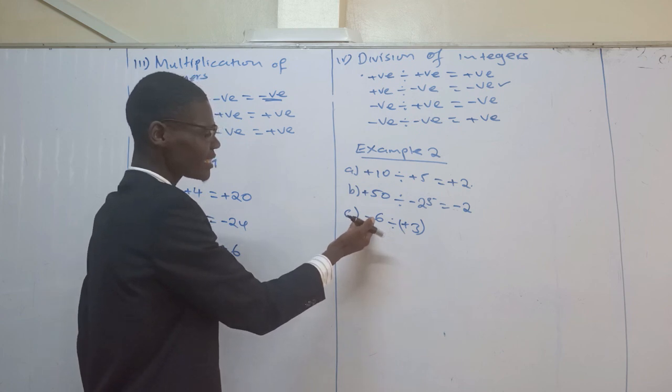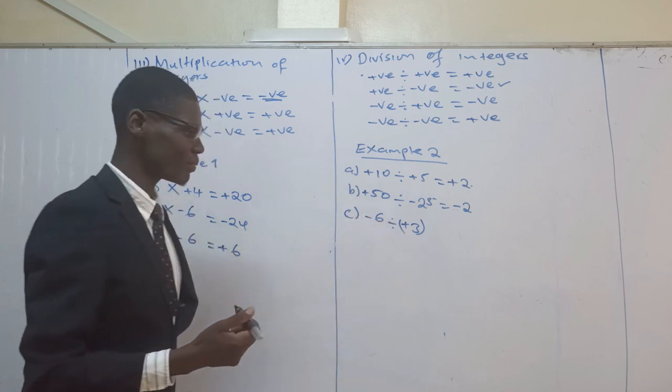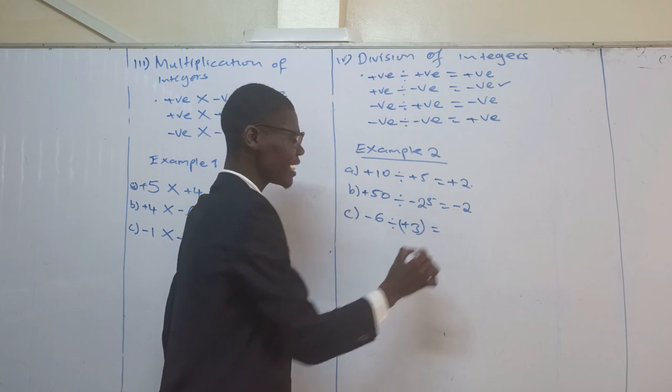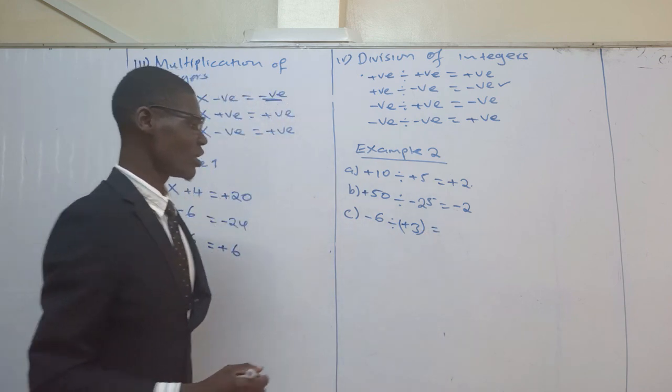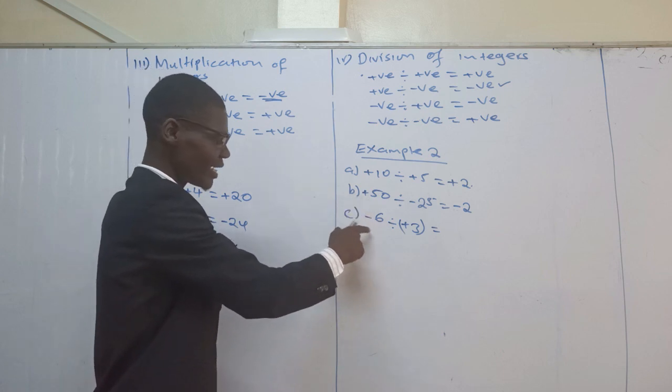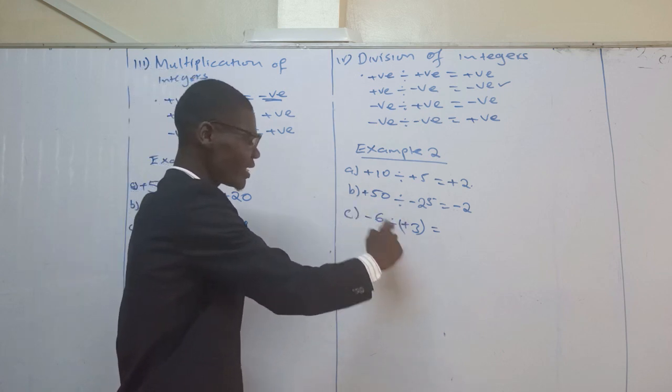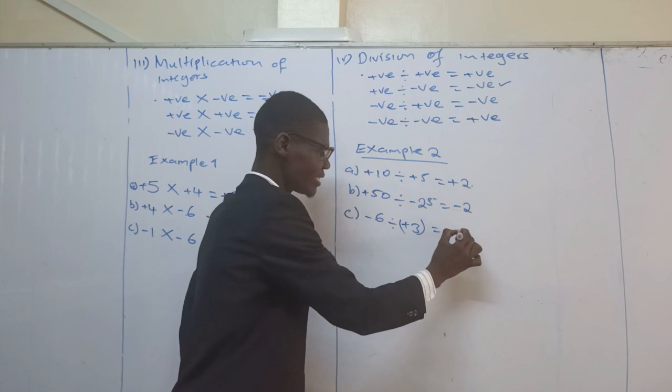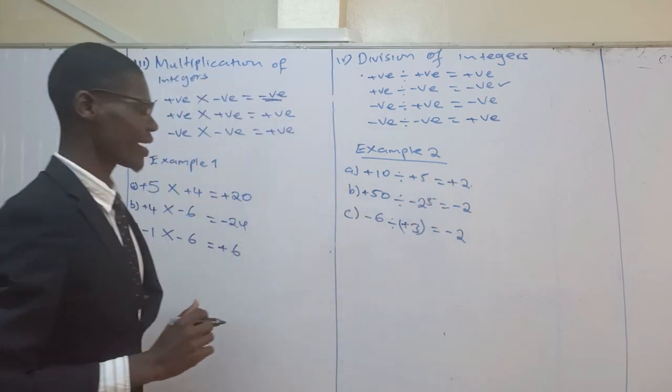One of the integers is negative and the other one is positive, so my answer is negative. Negative 6 divided by positive 3, my answer is negative 2.